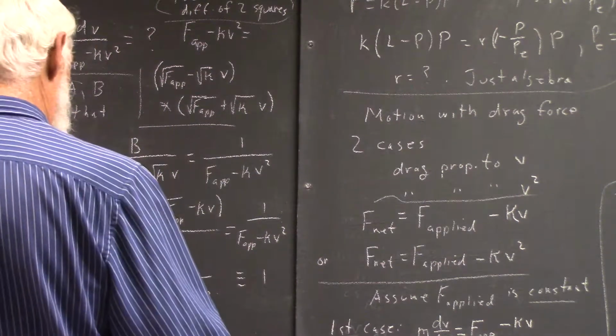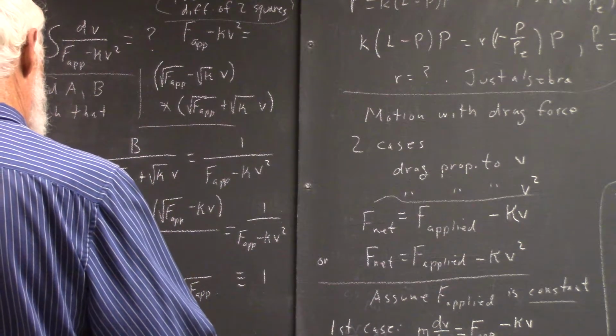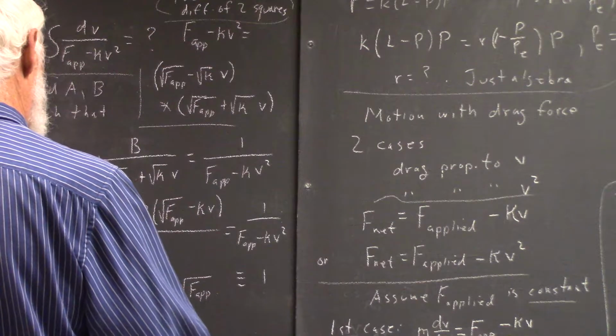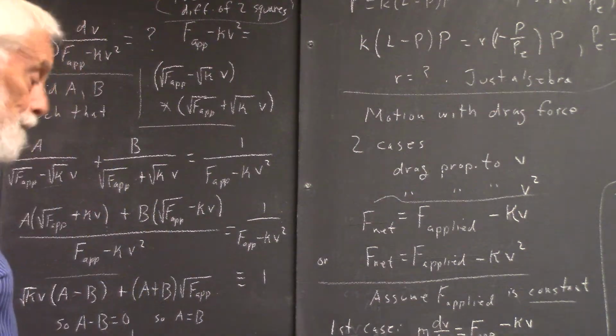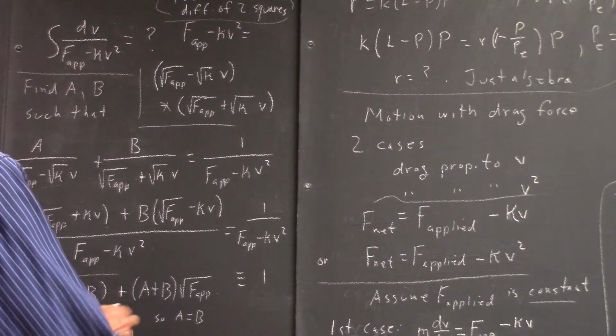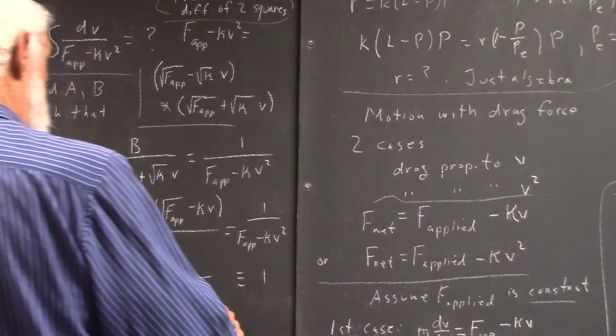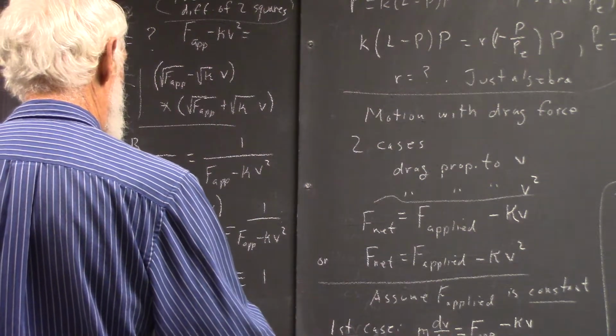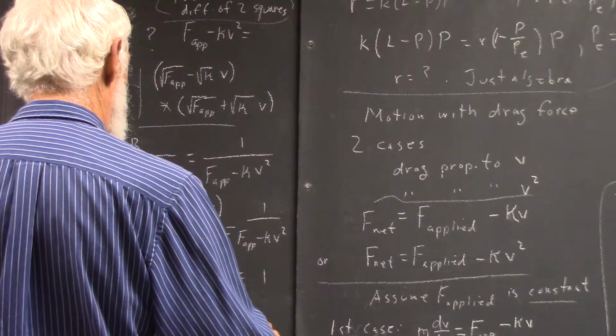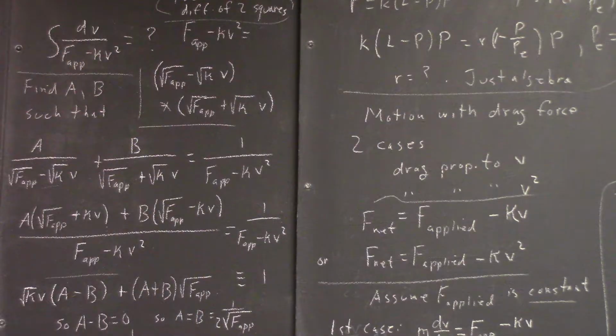So a equals b from this, and since a plus b is this, then 2a equals this, so that equals 1 over 2 square root of f app.